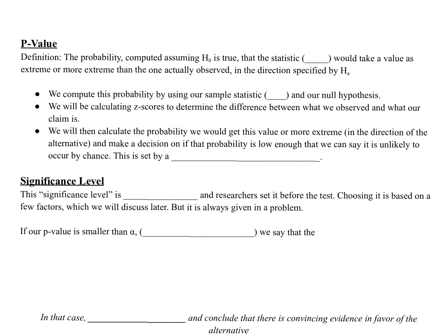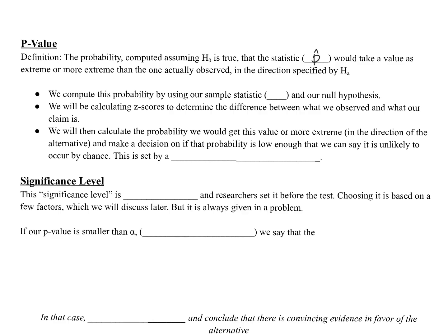So when we are performing a hypothesis test, to make the decision about whether or not we have enough evidence against our null hypothesis, we have to calculate something called a p-value. And a p-value is a probability that is computed assuming your null hypothesis is true, that your statistic, p hat, would take a value as extreme or more extreme than the one actually observed in the direction specified by the alternative hypothesis.